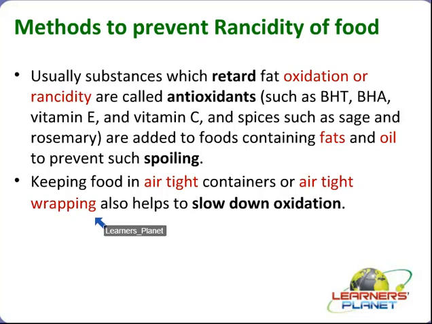Now if you are keeping your food in an airtight container or wrapping, what will happen? There will be no action of moisture or oxygen on the food. If you keep cashew nuts or almonds in an airtight container, what will happen? The activity of oxygen on these foods is reduced.